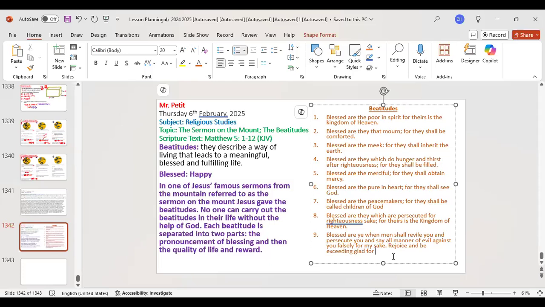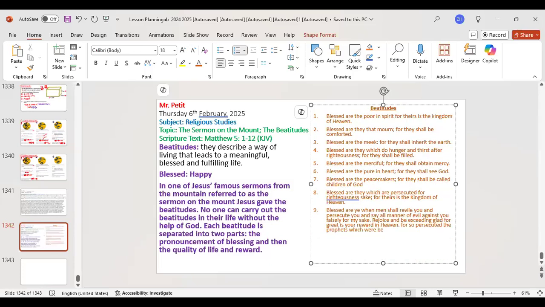For great is your reward in heaven. For so persecuted the prophets which were before you.